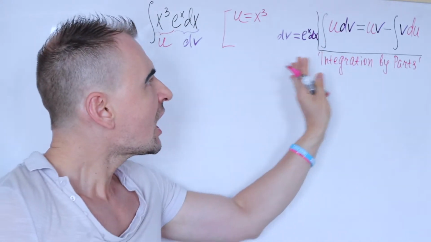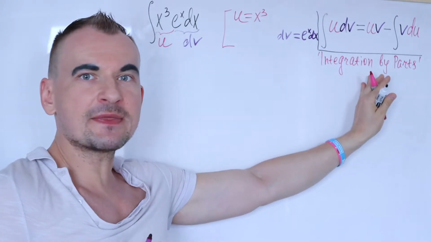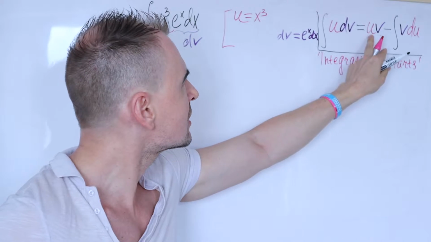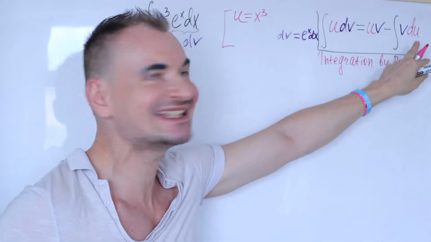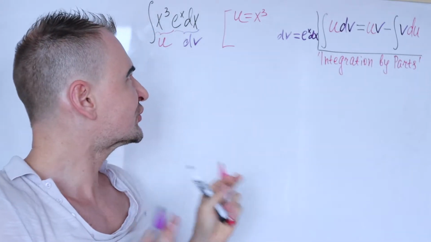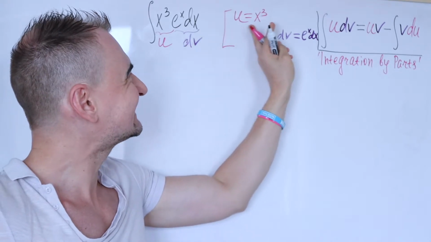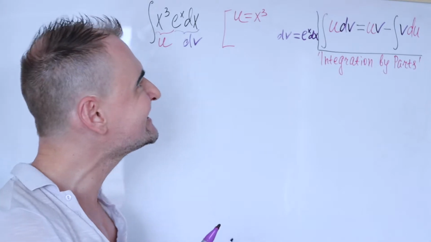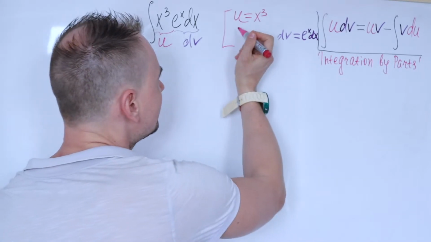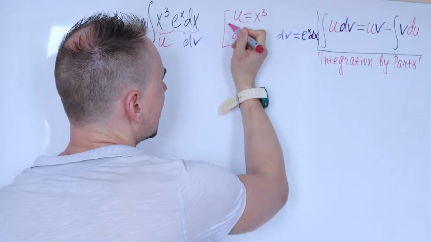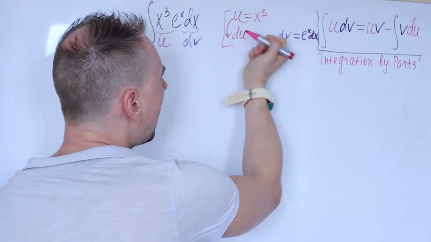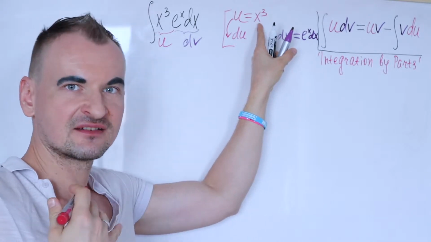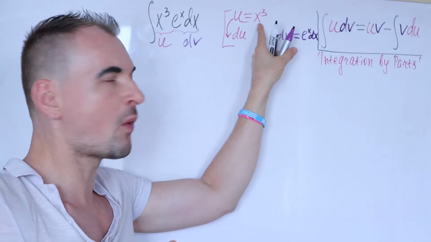Now, in order to apply this formula, we need to know also v and du. So, since we defined u to be x cubed, we can find du. All you need to do to find du is just take the derivative of x cubed.